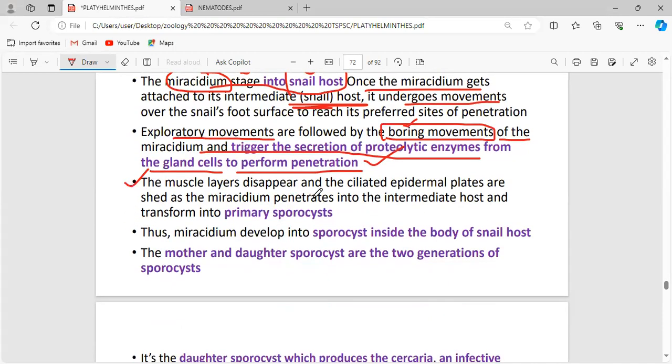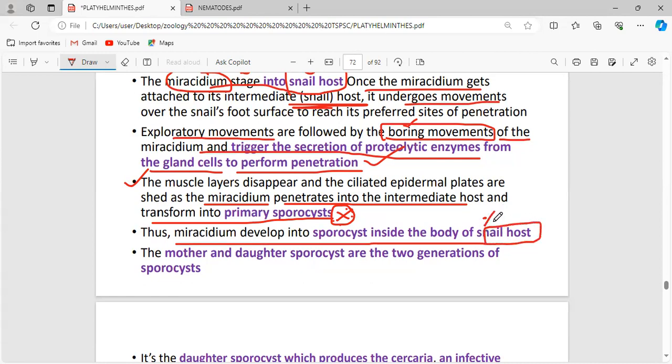Now the muscle layers disappear and the ciliated epidermal plates are shed as the miracidium penetrates into the intermediate host and transforms into the primary sporocyst. This is the question here. Thus, the miracidium develops into the sporocyst inside the body of the snail host.